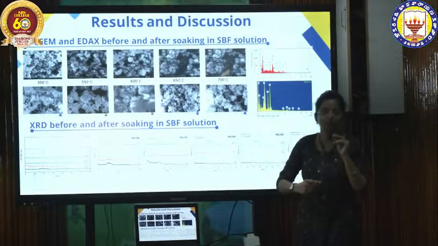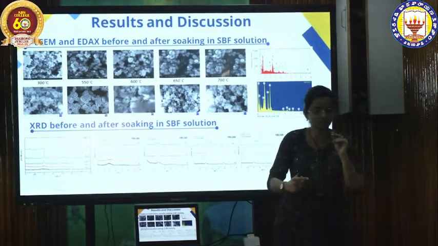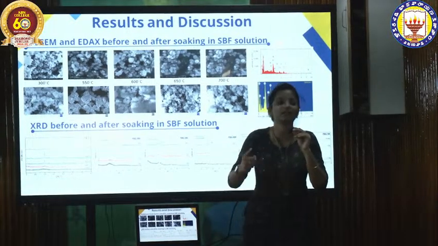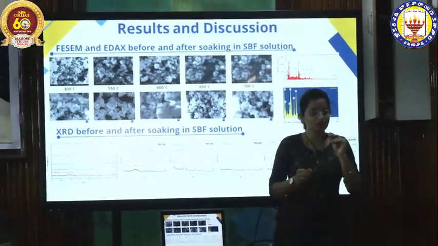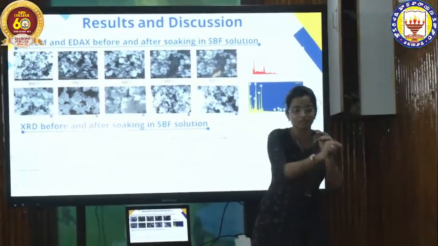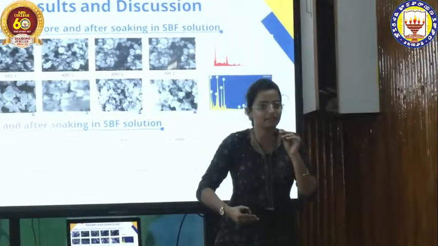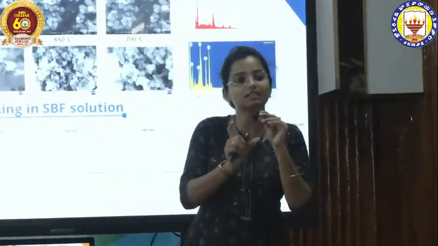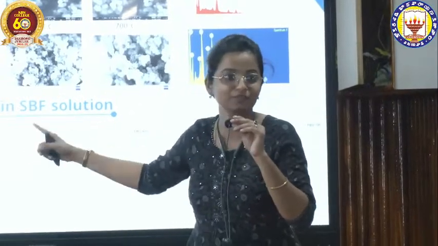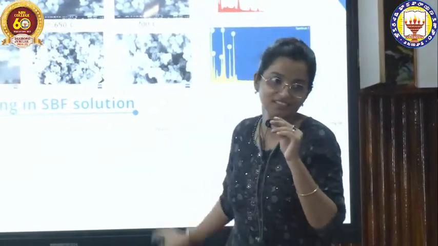Because before the presentation itself, I told that I want to increase the bioactivity by increasing the mechanical properties. The ceramic will not have more bioactivity when compared to the glasses. Recently the studies are showing more bioactivity when we use a certain composition. So my composition itself is responsible enough to make me go through 600.